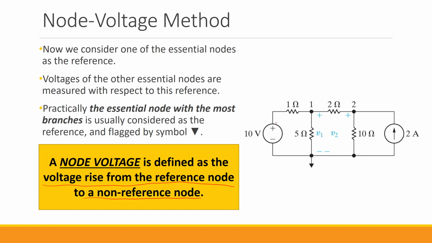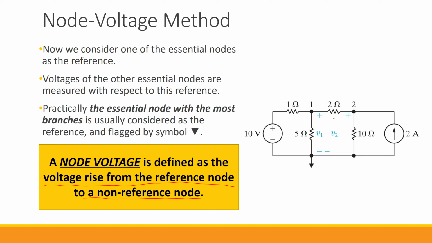But what about the rest of the elements that we have? What is the voltage across this 2 ohm? Using the systematic approach, we assign individual voltages or currents to the elements. But when we are using the node voltage method, we don't do that. Instead, we use the voltages at the essential nodes.